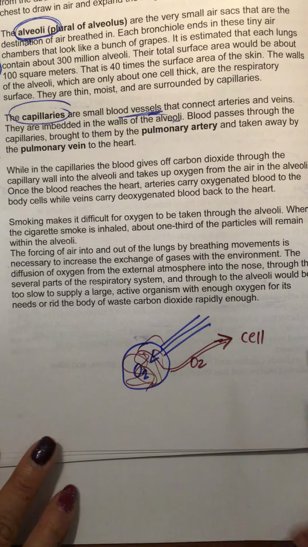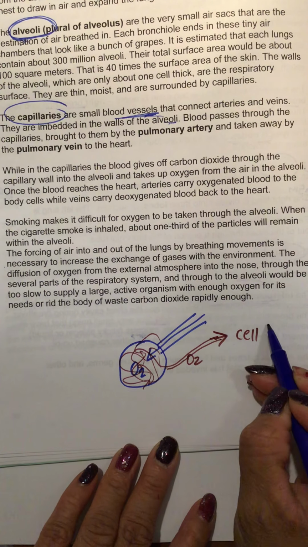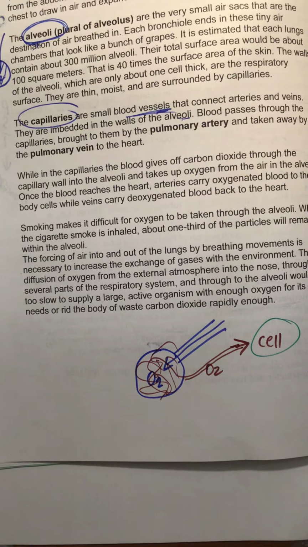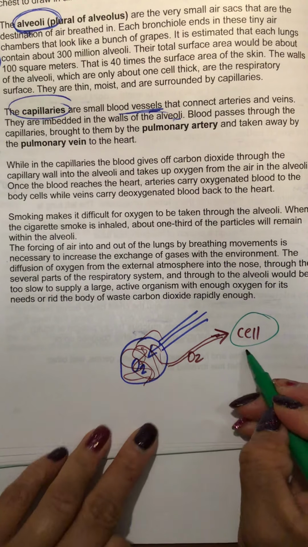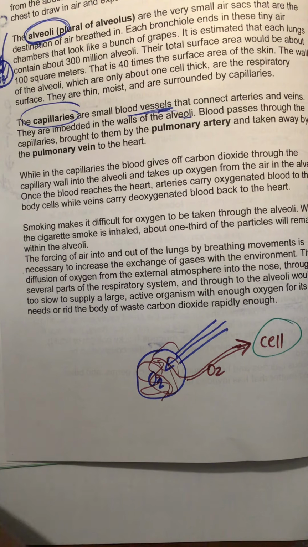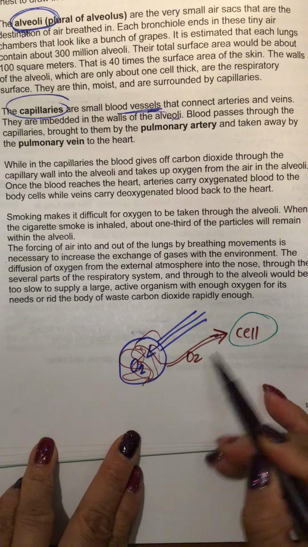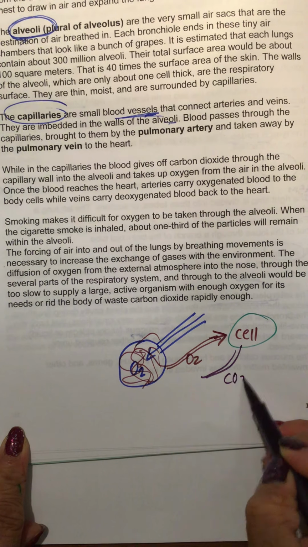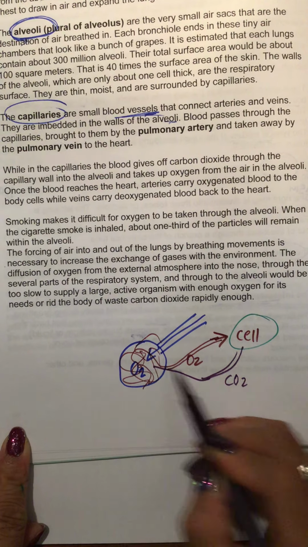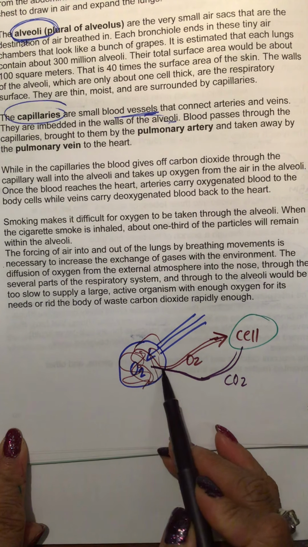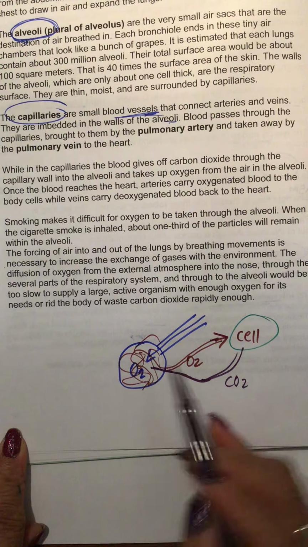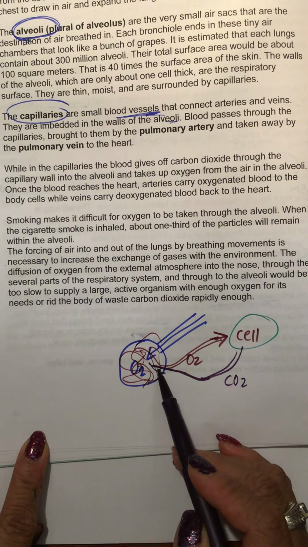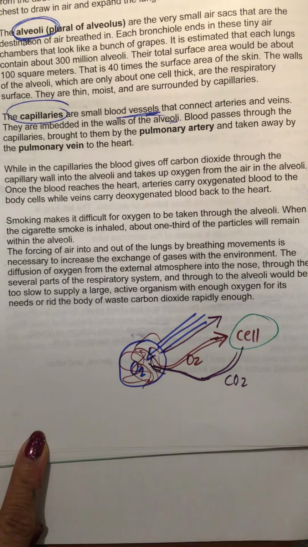On the other hand, when the cell is done, in terms of cellular respiration, recall that CO2 is the product of this process. Once the cell takes in the oxygen, burns up the glucose, and produces ATP, the carbon dioxide needs to return into the capillary that surrounds the alveoli, and this CO2 then enters the alveoli and goes out as you exhale.